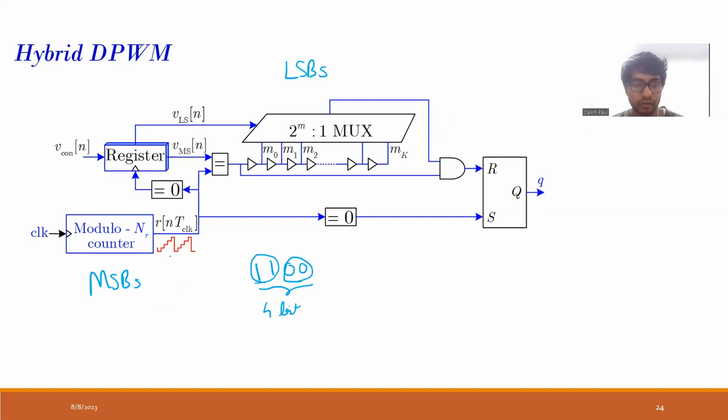So what does this approach do? These two will set the coarse resolution. If you have used an instrument like a DC power supply, there are two knobs when we set the voltage.